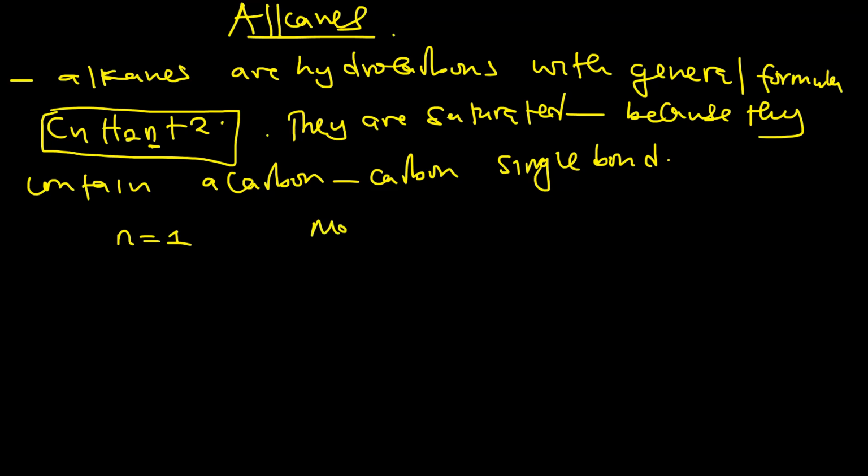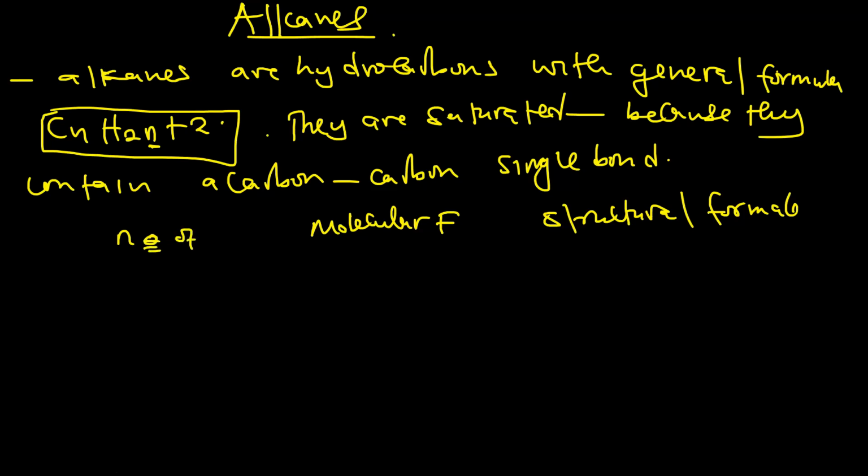We are going to focus on the molecular formula, the structural formula, and of course the name. Let me just write on top the number of carbons, so that we generalize it like this.